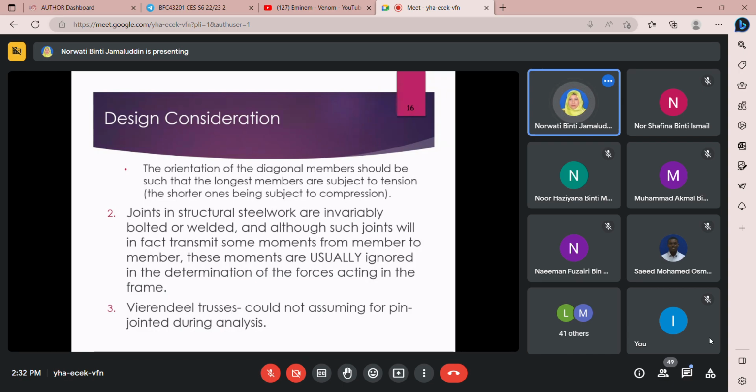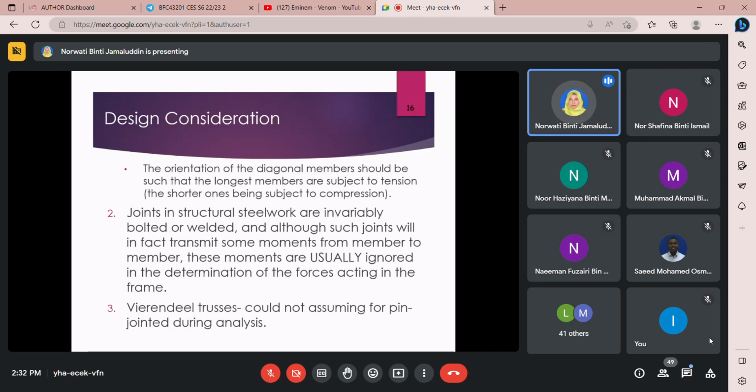Bila awak punya member yang paling panjang ada di dalam compression, dia akan mudah fail. Sebabnya compression member ni kalau lagi panjang, lagi senang dia buckle. You can prove that situation by pushing your ruler.